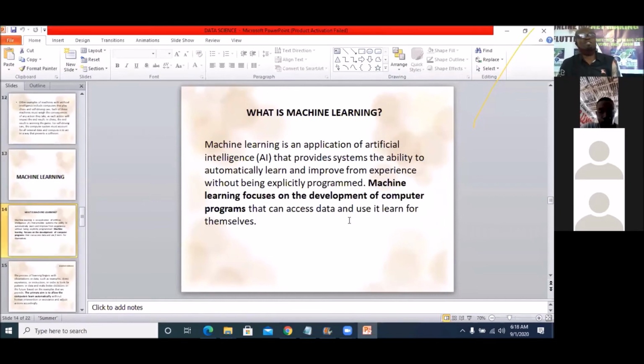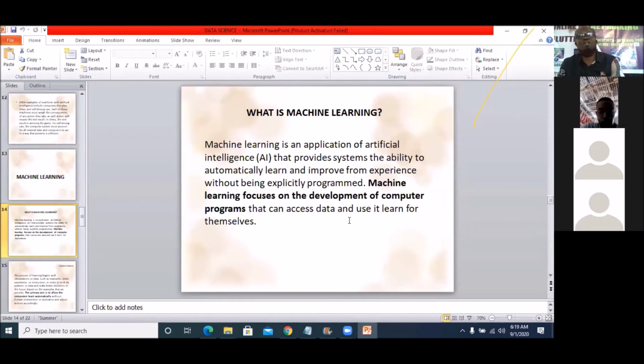Okay, so what is machine learning? Machine learning is an application of artificial intelligence, like I said before, that provides systems with the ability to automatically learn and improve from experience without being explicitly programmed. So in machine learning, the machine learns from a lot of data. You don't have to write an explicit program. Just with enough data and a model, it should be able to learn.